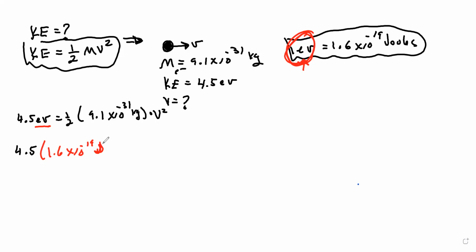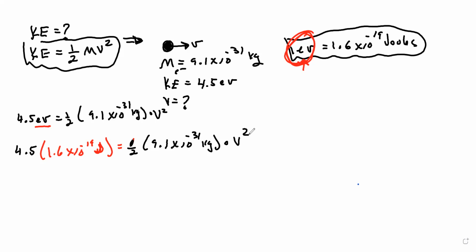This is J for joules. And that's equal to 1/2 of the mass, which is 9.1 times 10 to the minus 31 kilograms, times the velocity squared.